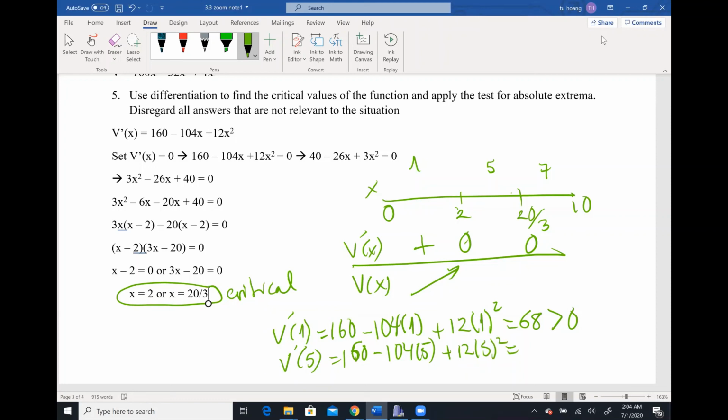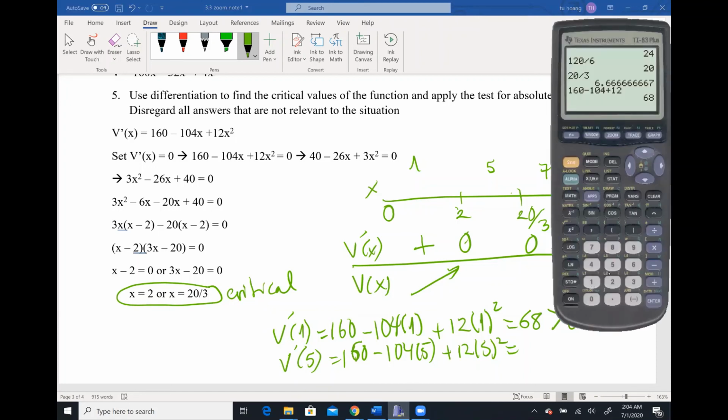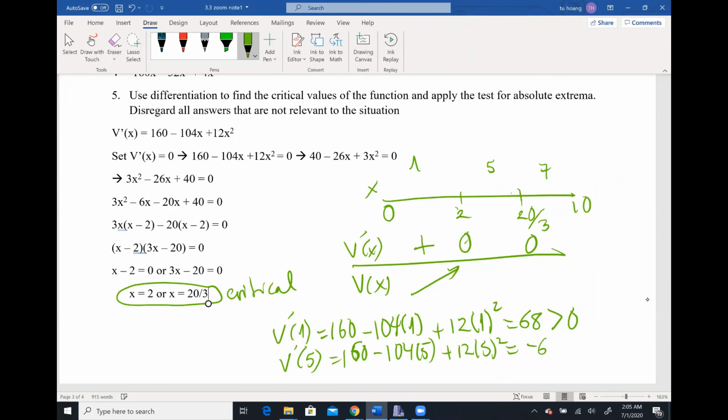Using a calculator, 160 minus 104 times 5 plus 12 times 5 squared, I have negative 60. So it's less than 0.